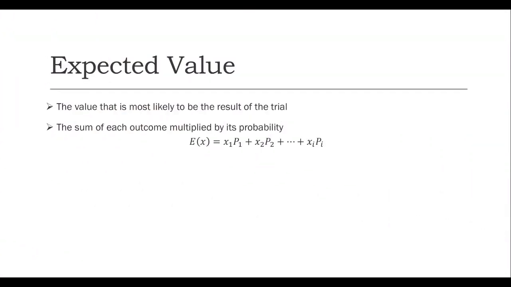Next we have the expected value. The expected value is the value that is most likely to be the result of the trial. It is the sum of each outcome multiplied by its probability.